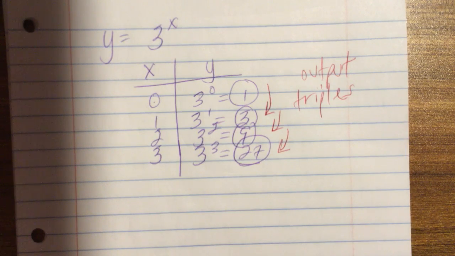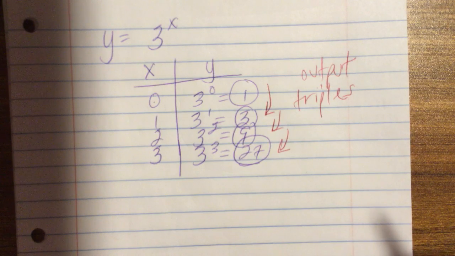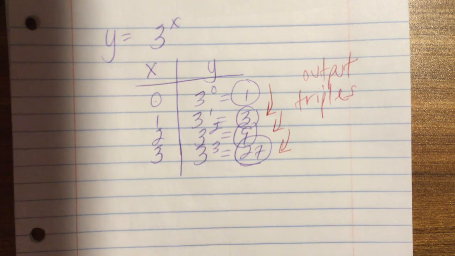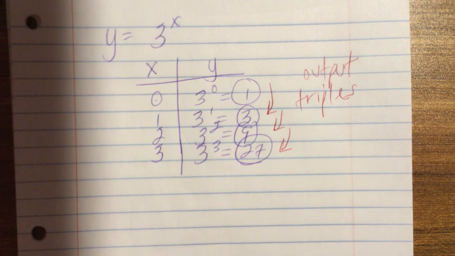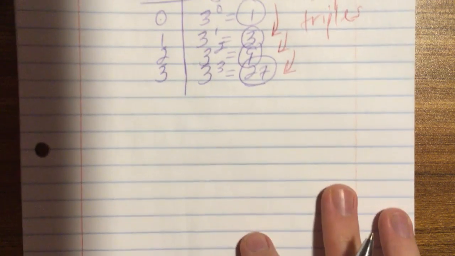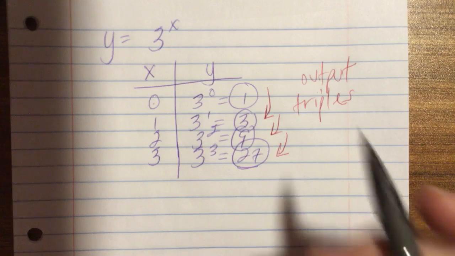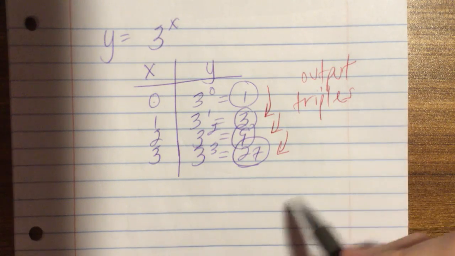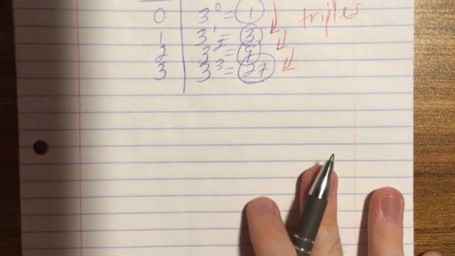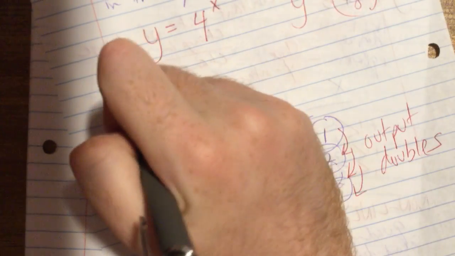So just as in the case of the output doubling, when you have an output that is tripling, you have another case of an exponential function. Those are both situations of exponential growth. You're either doubling each time or tripling your output each time. So in both of those cases, I would label these as exponential growth.